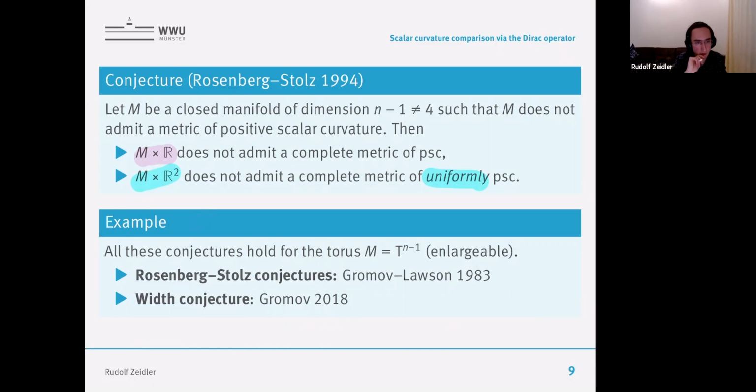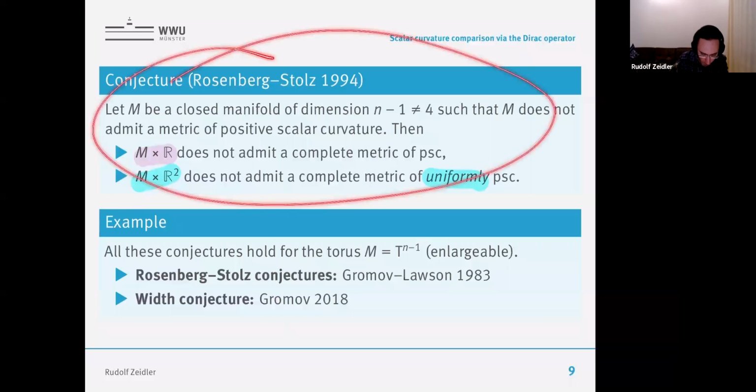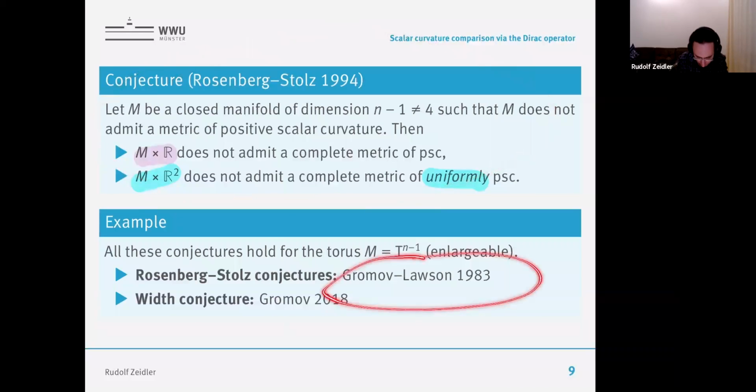For the conjectures I mentioned here, this is already proved in the 1980s article of Gromov-Lawson. And in the case of the Swift conjecture, it's much newer, and this was considered in the metric inequalities article from 2 years ago. All right.